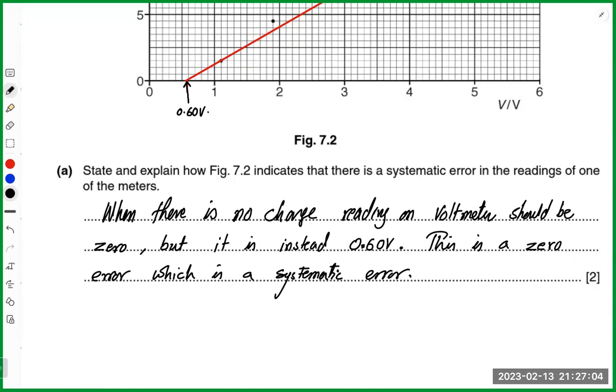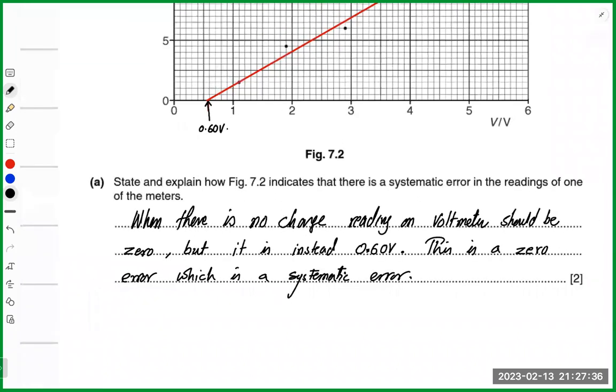It was showing that when there is no charge, there is still a potential difference of 0.6 volt. And this can only be if the voltmeter is faulty. The voltmeter shows 0.6 when the actual reading is 0. Such a problem on any device that does not show 0 when the reading is 0 is called a zero error. So the voltmeter used for this experiment had a zero error.